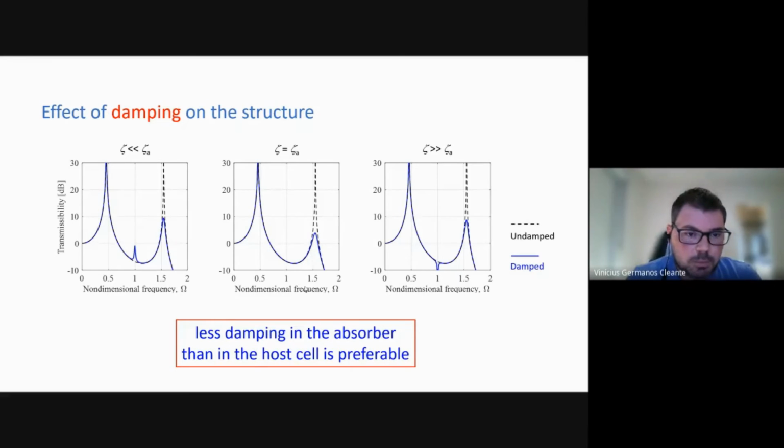So in the super stop band, we can obtain it when we exactly tune it to the host cell resonance frequency. And we can understand how the local resonance effect is acting on this bounding frequency when we observe the effect of the damping on the structure. When the host cell has much less damping than the absorber, we practically remove the local resonance effect on this periodic cell.